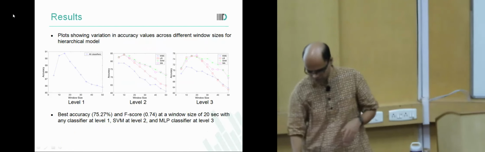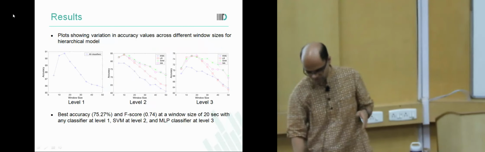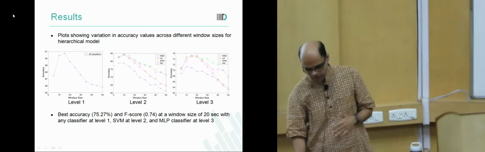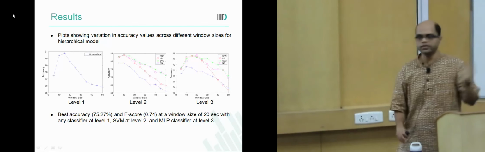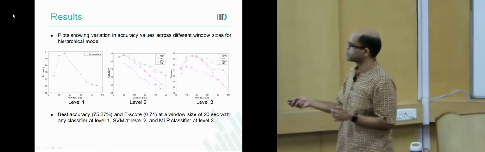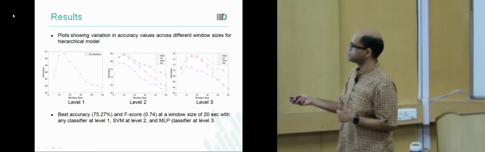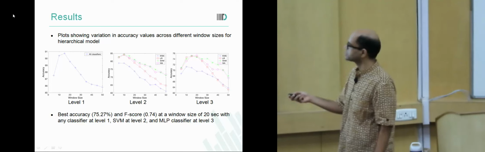Again, we'll try different classifiers. We did the data collection. Eventually, what we learn is that our accuracies are not so good as the first step. Our accuracy is 75.2%, and we calculate precision, recall and F-score as well.